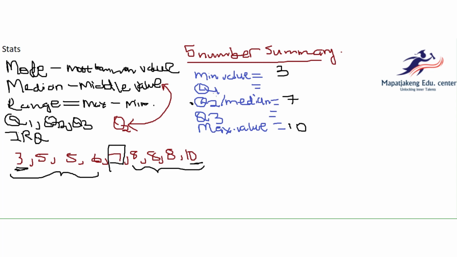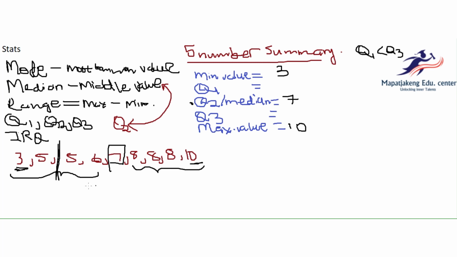Then the same applies with Q1. Q1 has to be lower than Q3. Always know that Q1 is lower than Q3, right? Meaning on this side we're still going to get a median, in a sense, but calling it Q1. You see there are four numbers, so the middle one will be between these two. With the median you identified it at 7, but here it's between 5 and 5.